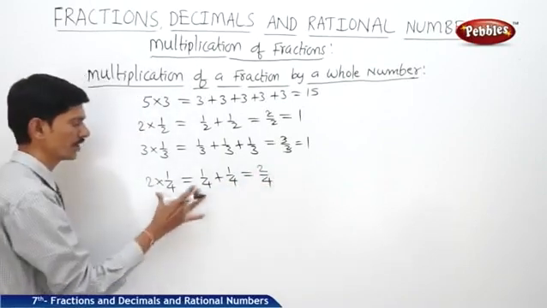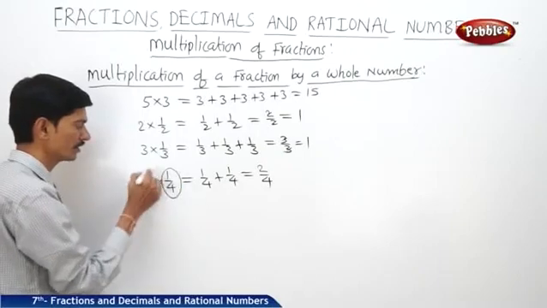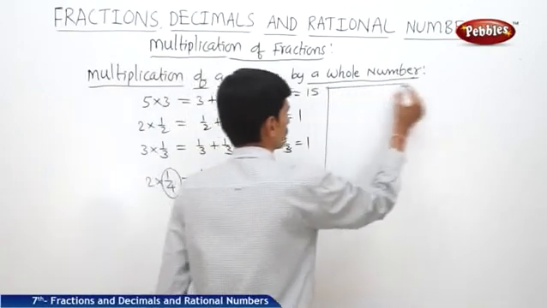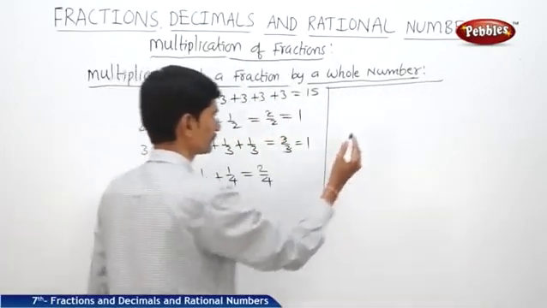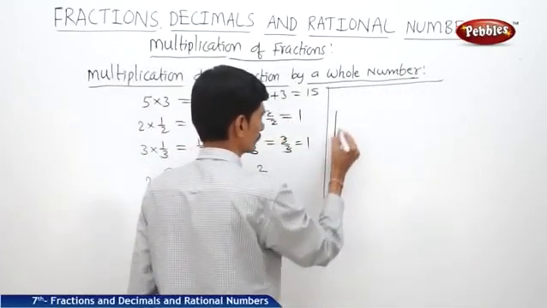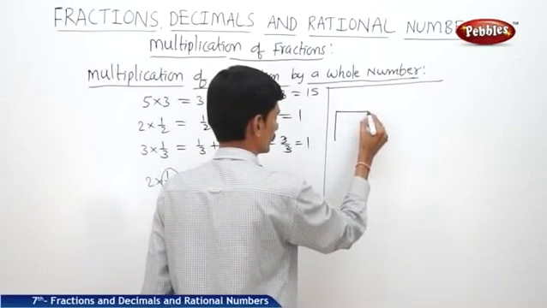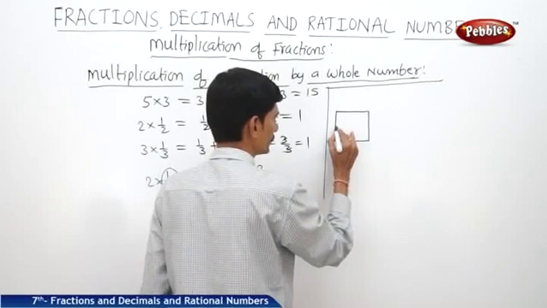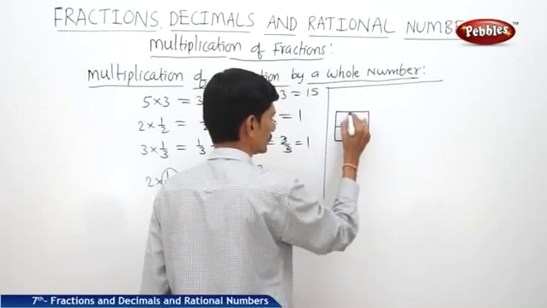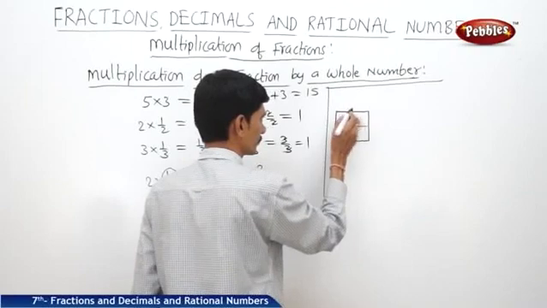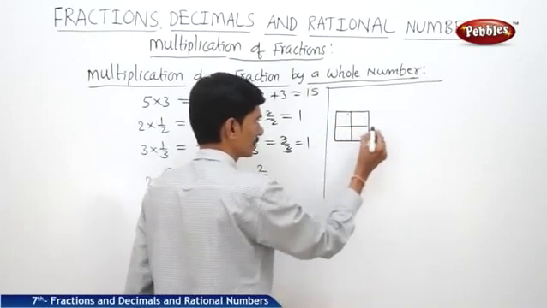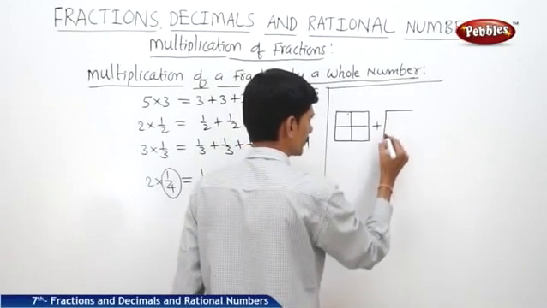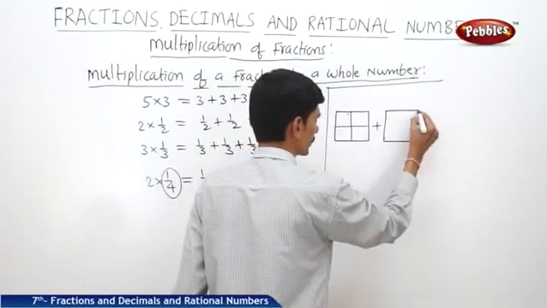Now let us see how to multiply a fraction by a whole number using pictures. Let us take a square, and this square has been divided into 4 equal parts. And we'll take another square of the same size which has been divided into 4 equal parts again.